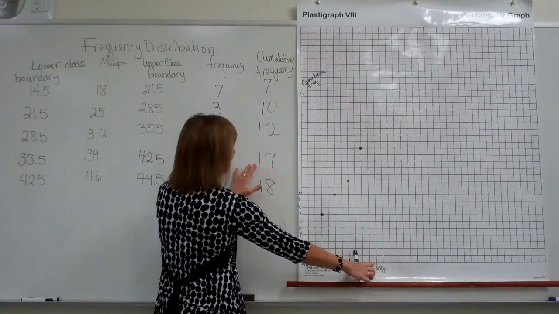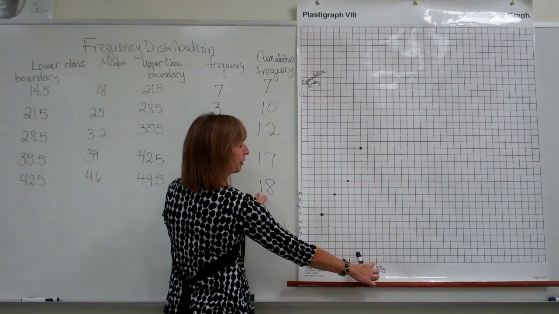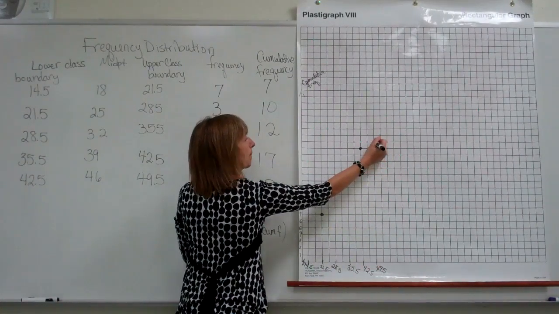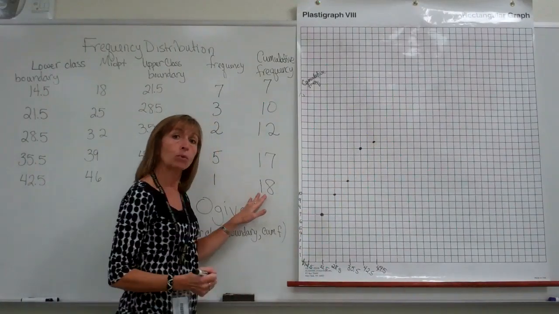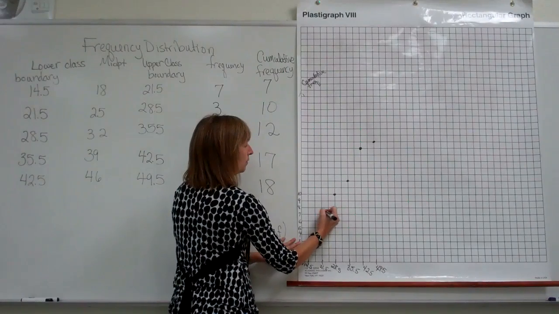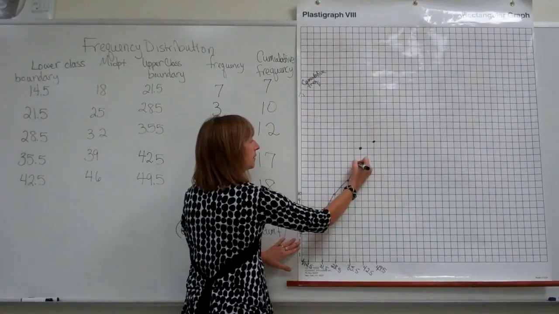And then for our last class, the upper class boundary was 49.5, and a cumulative frequency of 18. Now, we do still want to connect these dots with line segments, so we will go ahead and connect them.